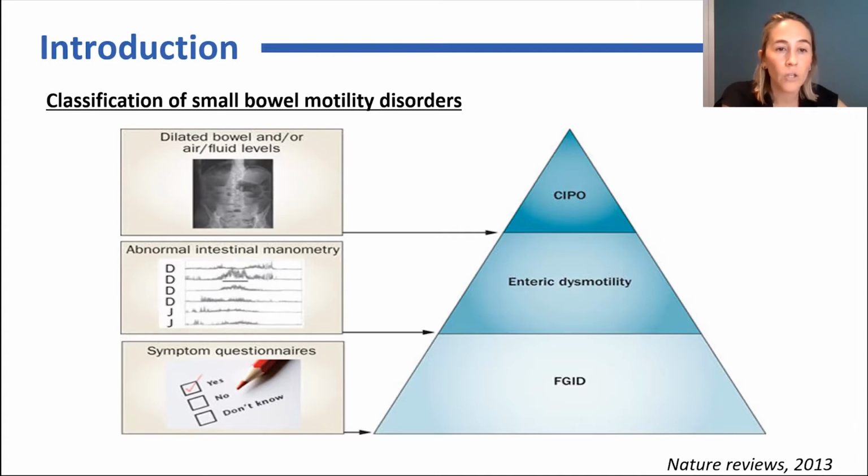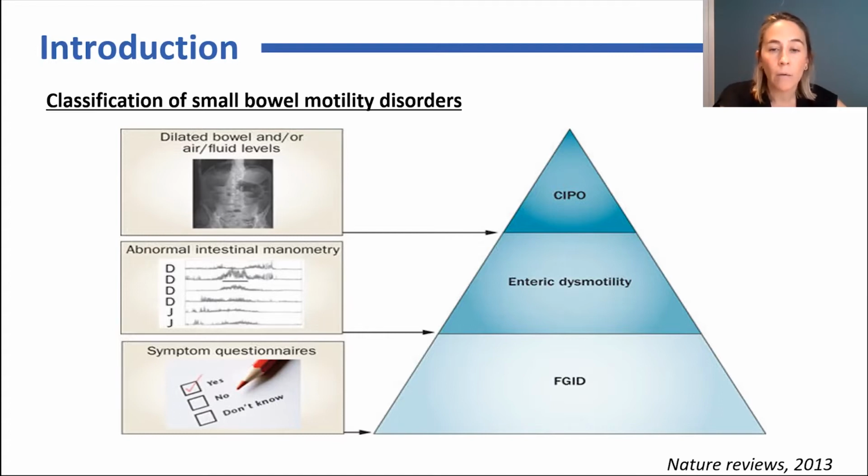They have small bowel air fluid levels or dilated bowels on a CT scan. At the bottom of this pyramid, we have functional GI disorders. In them, tests are generally normal, as you know, but motility is thought to be part of the pathophysiology of these disorders, and we diagnose them using symptom questionnaires.